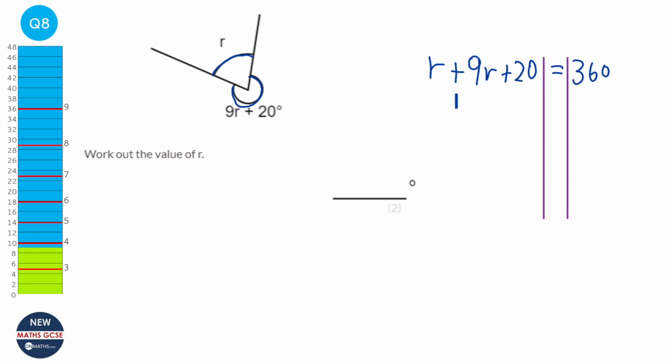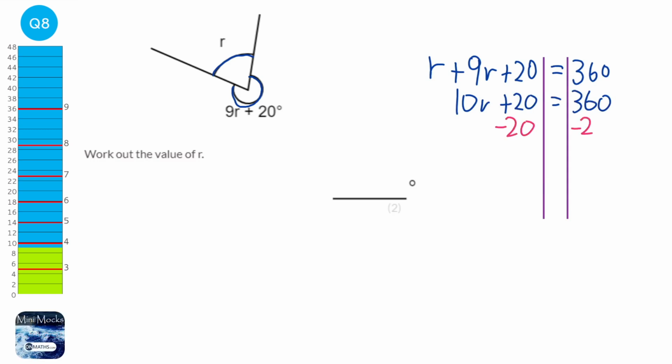First of all, let's add the r's together, and so that will be 10r plus 20 equals 360. Then we're going to subtract the 20 from both sides. So we have 10r equals 340, and then we're going to divide by 10 both sides. So we have r equals 34. So our answer is 34.